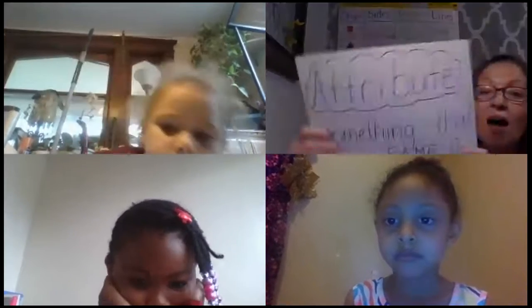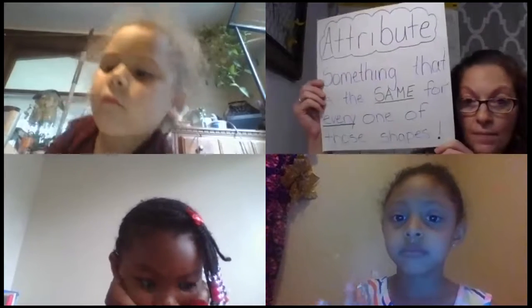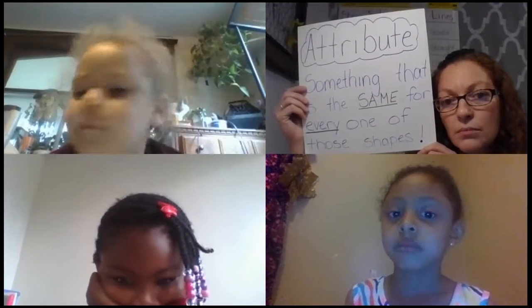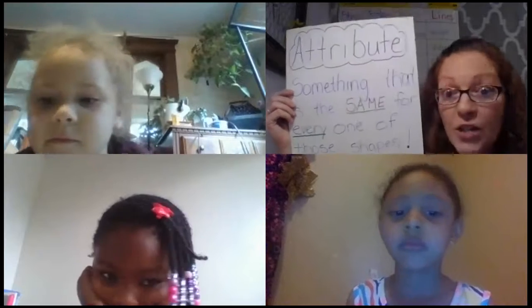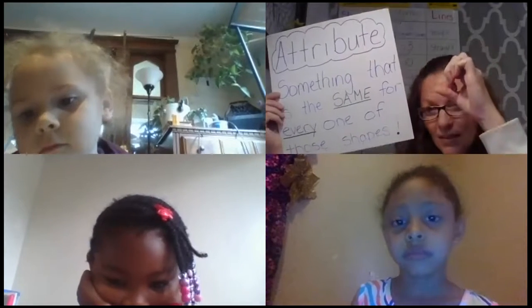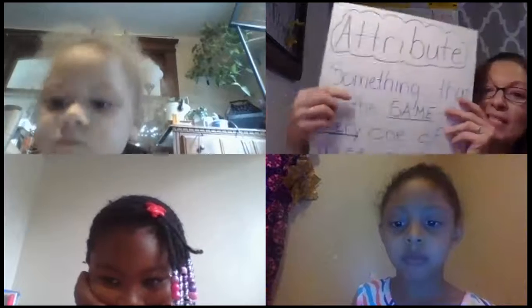Yeah, so that's an attribute because it is true of every triangle. So is every triangle purple? Is every triangle orange? Is every triangle teeny tiny? Is every triangle really big? No, so those can't be attributes because it has to be the same for everyone. So the sides and the corners are the attributes.